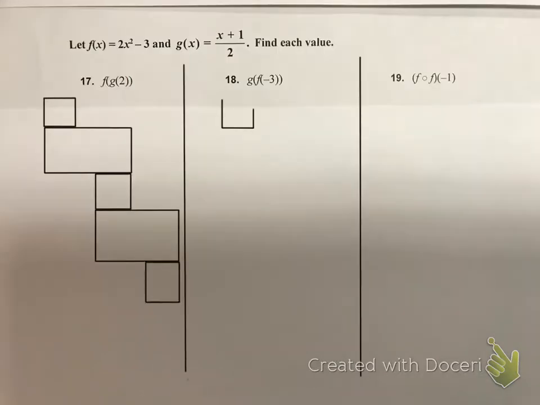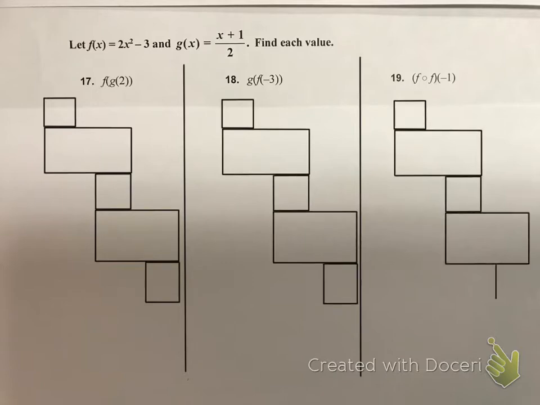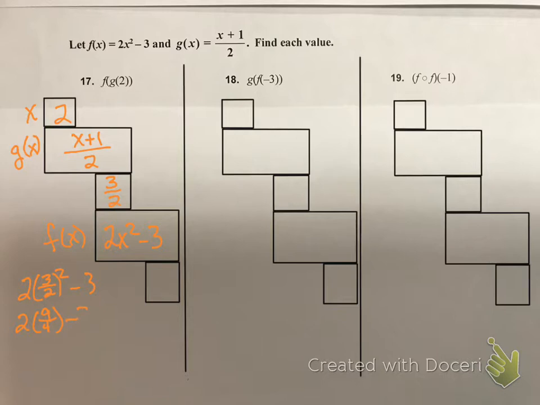All right, more compositions. These have some equations written out. Okay, let me slow this down a little bit. We've got f of g of 2, so I've got x, then g of x, then f of x. My g of x is (x plus 1) over 2. F of x is 2x squared minus 3. I plug 2 in. 2 plus 1 is 3, divided by 2 is 3/2.